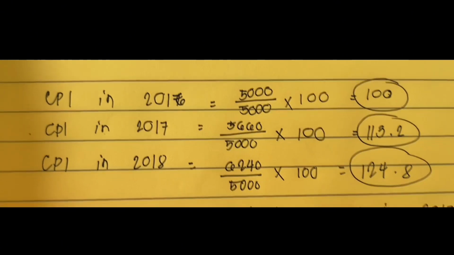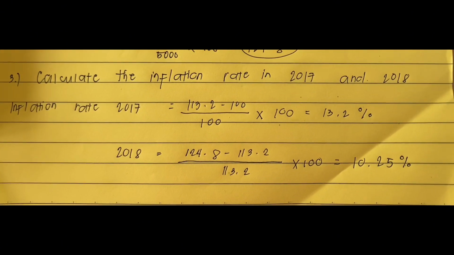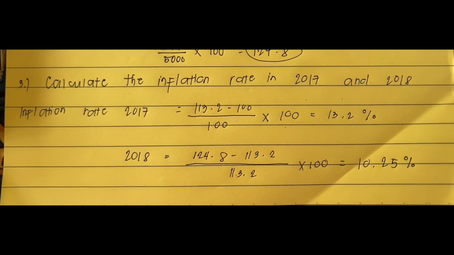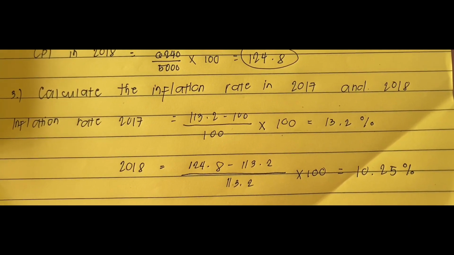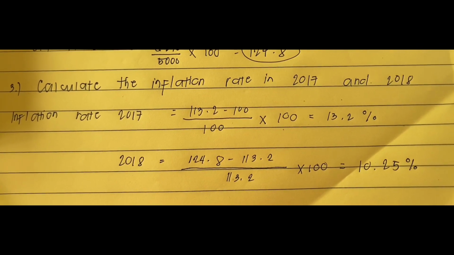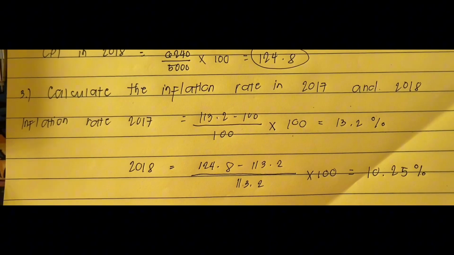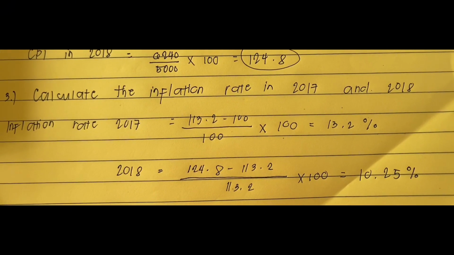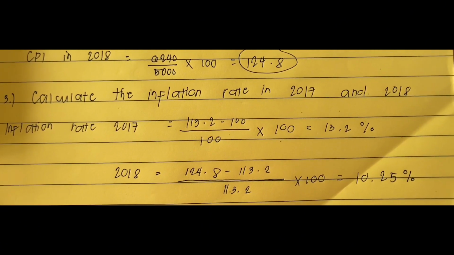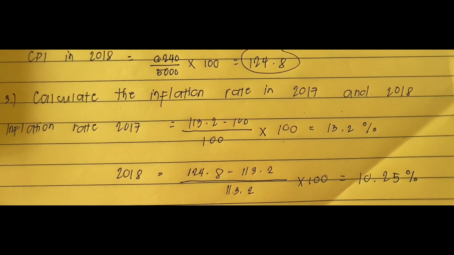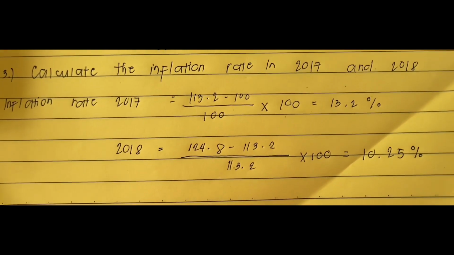124.8. So our final step is you need to calculate the inflation rate in 2017 and 2018. Our inflation rate in 2017 equals 113.2 minus 100 divided by 100 times 100 equals 13.2%.